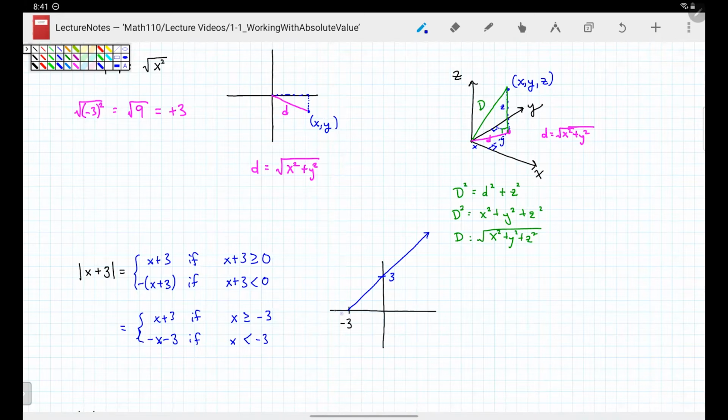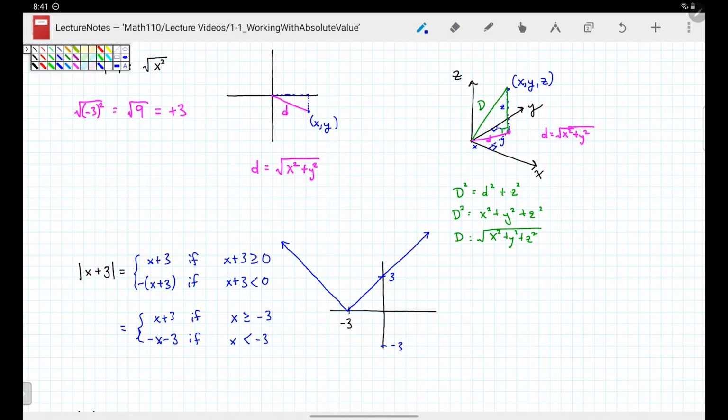And if x is less than negative 3, it's going to have a slope of negative 1 and y-intercept of negative 3. So I look at negative 3, but I'm not graphing it over here because those represent x values that are greater than negative 3. So I want the ones that are less than negative 3. Continuing that line, it's going to go like this. Okay. And I'm just going to erase those little pieces. That was helping me to get that line, but it's not part of this graph.